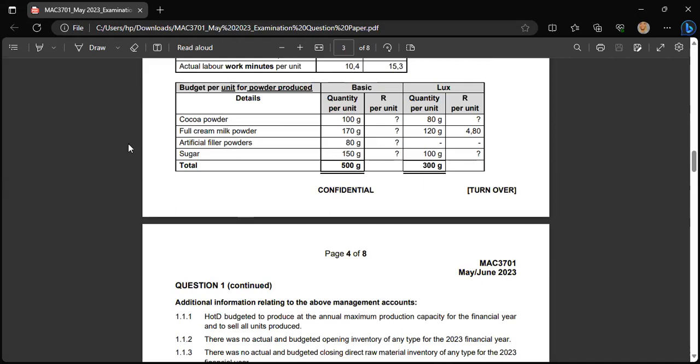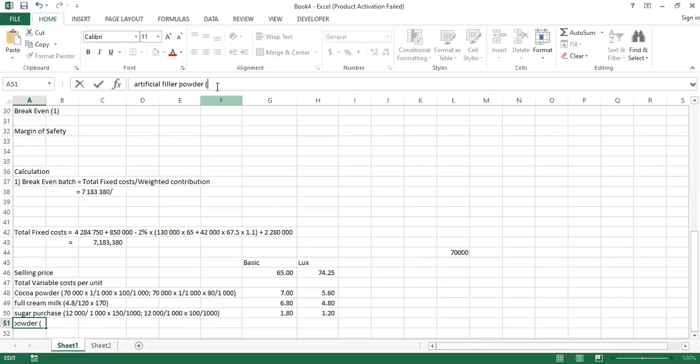It was actually supposed to come slightly above there, but it's still okay. It's going to be 80 grams, and it's 2,000 per ton. So let's do that calculation. It's 2,000 divided by 1,000, and then we are dealing with 80 grams divided by 1,000.